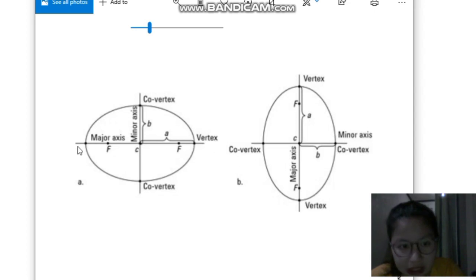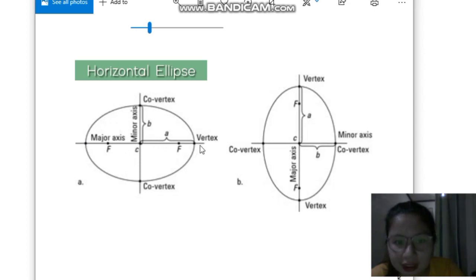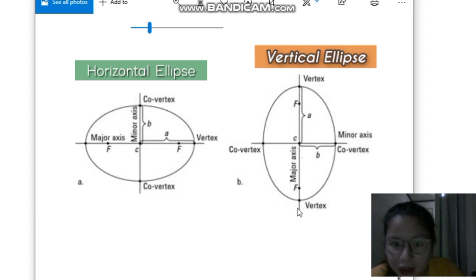So, si horizontal ellipse, yung major axis niya ay na kay x-axis. Yung pinakamahaba niyang line is x-axis. While, this ellipse is a vertical ellipse. Bakit? Mas mahaba yung kanyang y-axis. So, yun yung basihan ni vertical and horizontal, kung ano yung major axis niya. Kung ang major axis mo ay x-axis, that is horizontal ellipse. Kapag si y naman yung mas mahaba na line, that is a vertical ellipse.